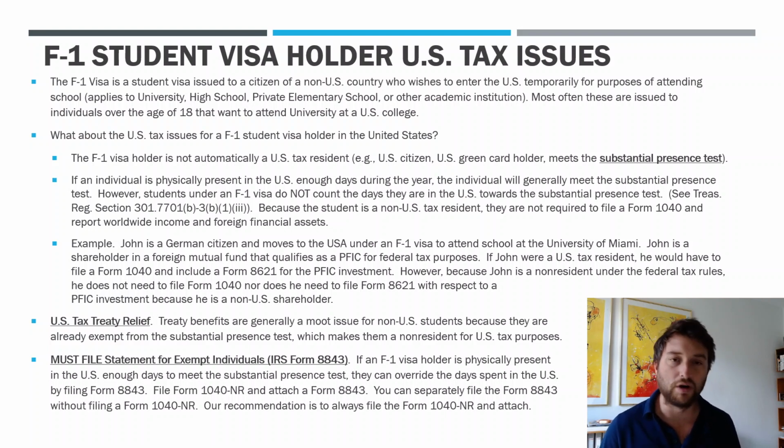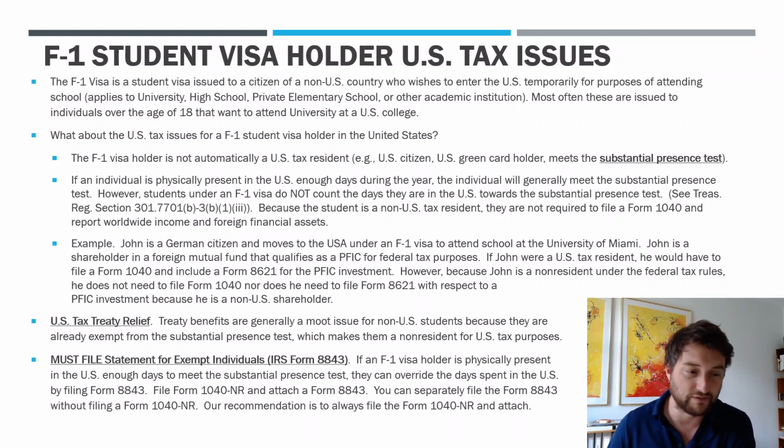The last thing you want, if you're a parent and you're going to send your kid to school in the United States, be very, very careful about these rules, because the last thing you want is to have, let's say, a foreign trust with a beneficiary, your child, and then your child becomes a U.S. tax resident because they're in the United States. It creates a massive amount of headaches for you and your kids, right? So be very, very careful.